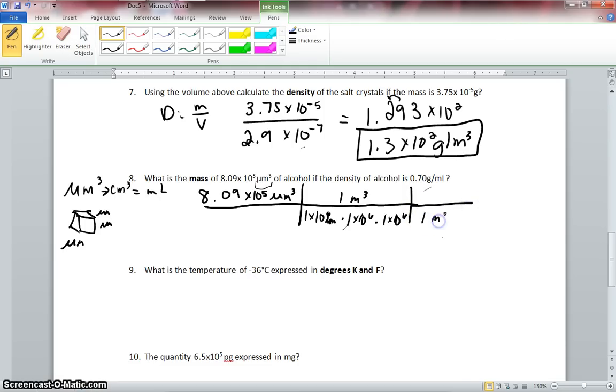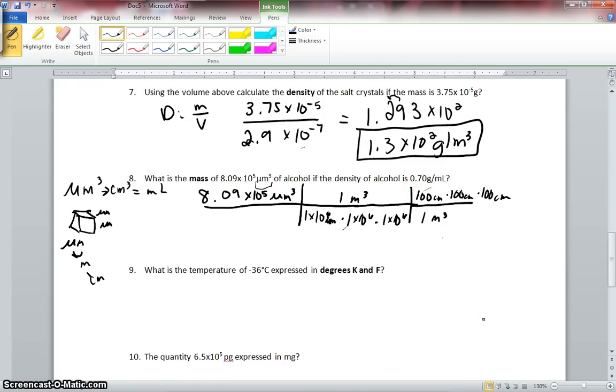Then in 1 meter cubed, we know that there's 100 centimeters times 100 centimeters times 100 centimeters, 1 for each meter. So we went from micrometers to meters to centimeters. For that one, that's why we have 3.